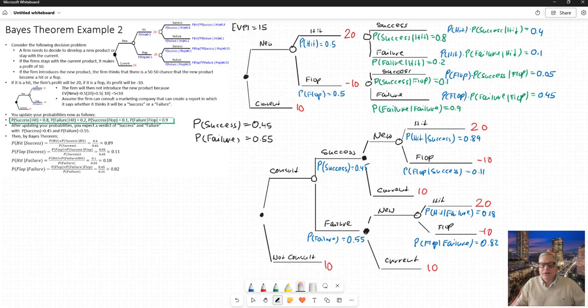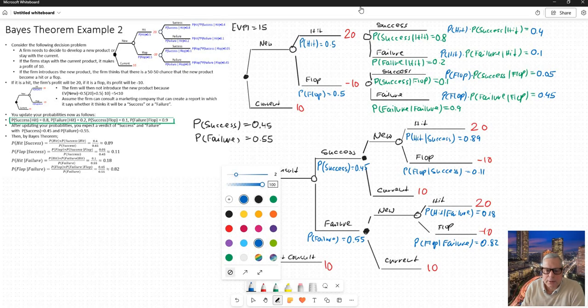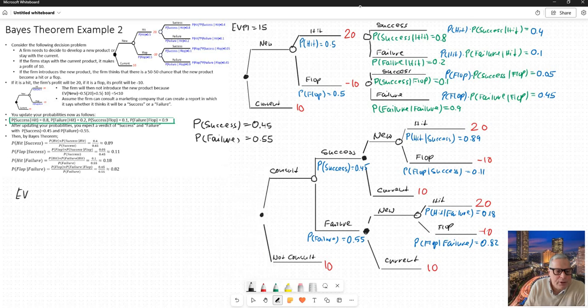Okay, so what's the expected value of imperfect information? Now we know there is a 45% probability that when we consult, they come back with success.